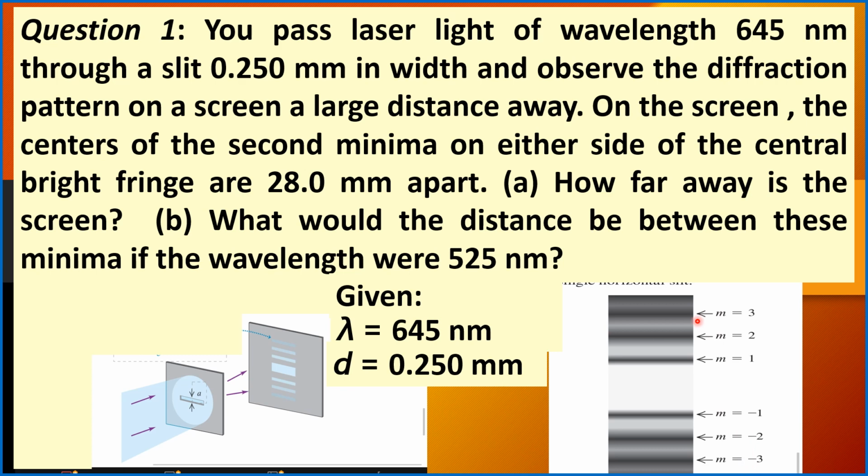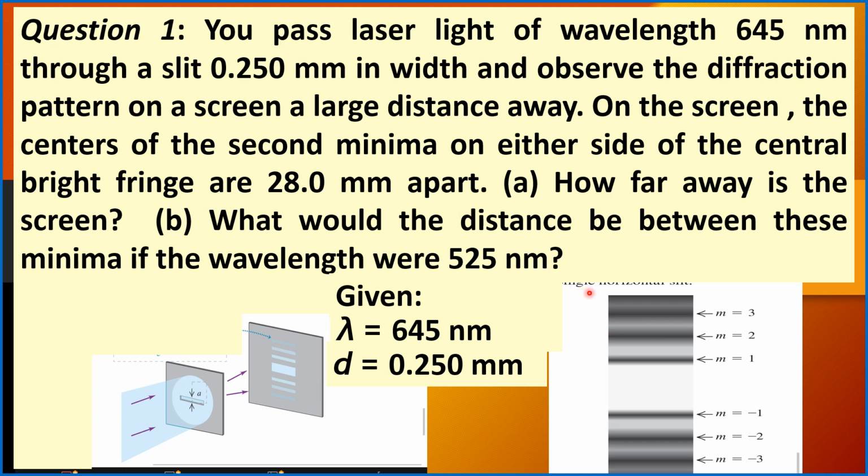So in this problem, the distance between the centers of two minima, referring to the second minima on either side, meaning from the minimum m equals 2 to the minimum of m equals -2, how far apart are these two minima? That is given as 28.0 millimeters. They are 28.0 millimeters apart.